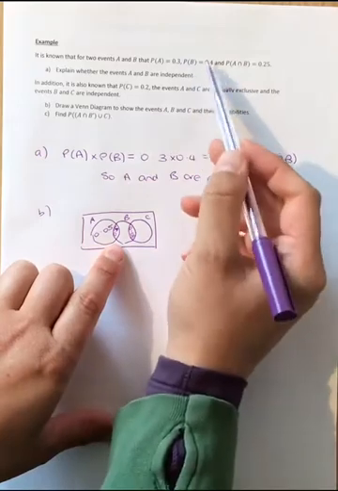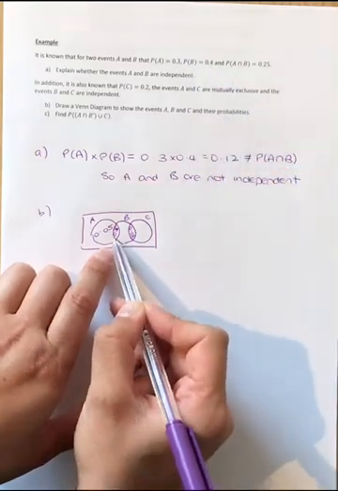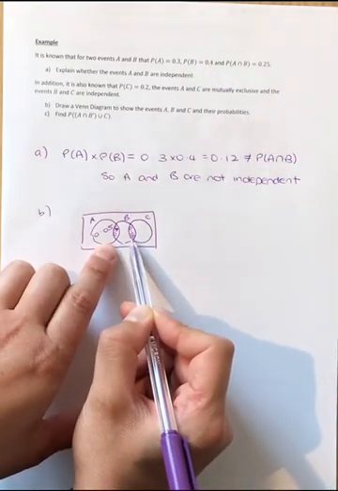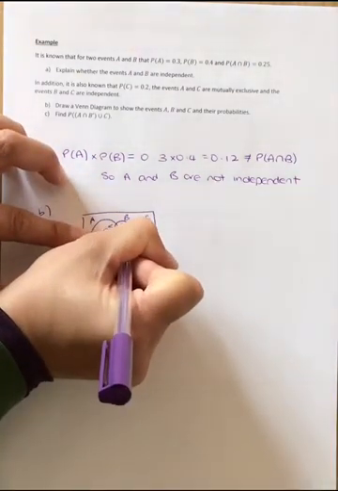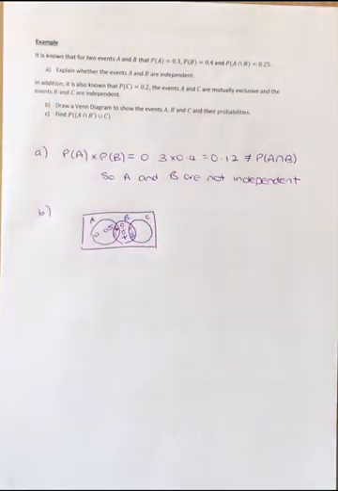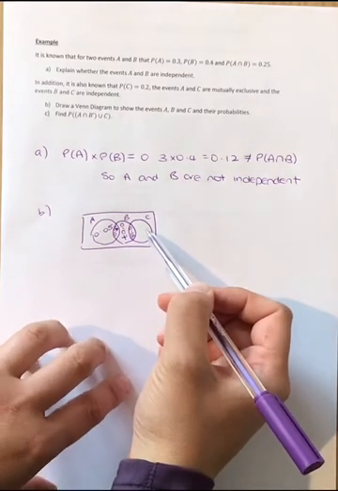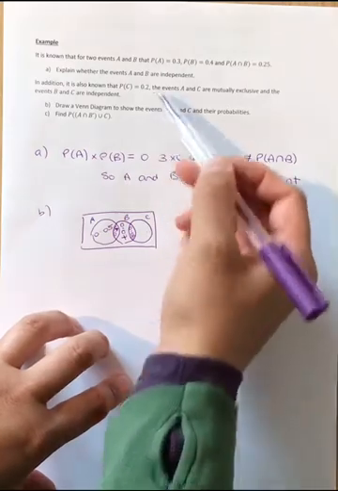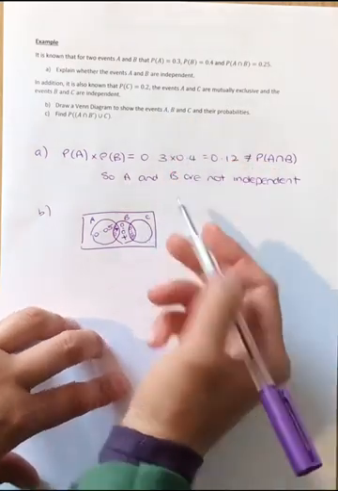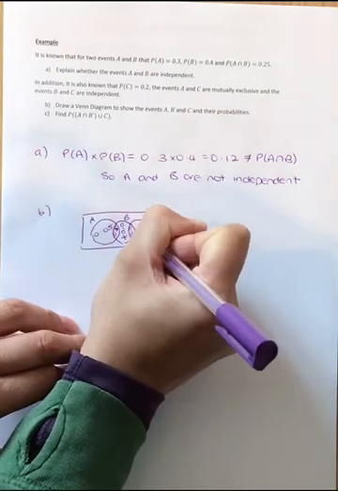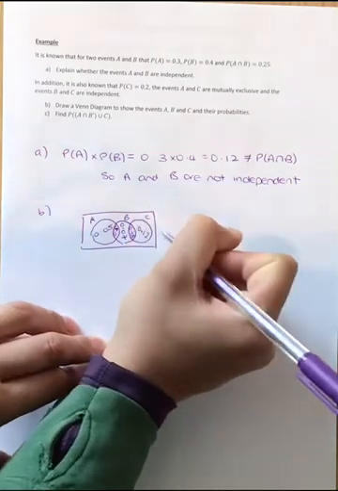Our probability of B is 0.4, so we've got 0.25, 0.08, that leaves us with 0.07 in the bit that's in B but not in A or C. And then finally here we need 0.2 for our probability of C. We've got 0.08 in the intersection, so this must be 0.12.